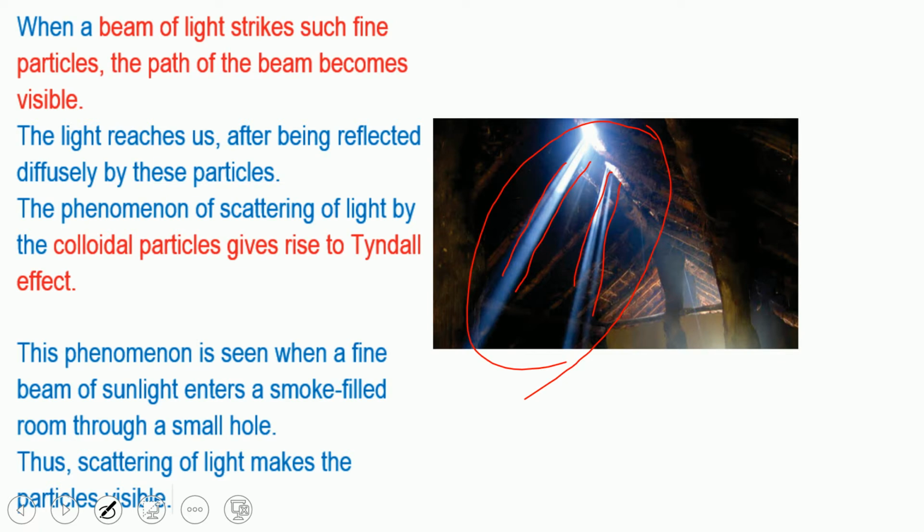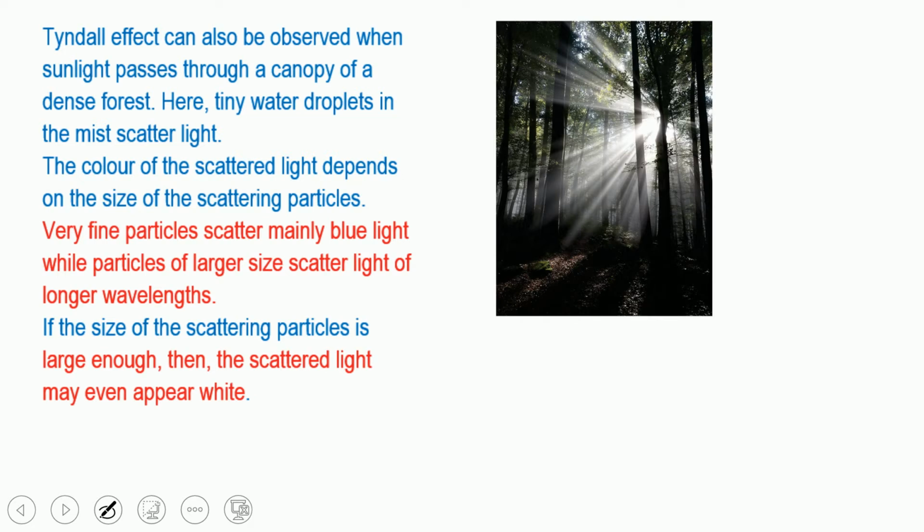What is important here is that when the beam of light strikes such fine particles, the path of the beam becomes visible. Understand? There is the Tyndall effect. Another Tyndall effect we can see is in the forest.